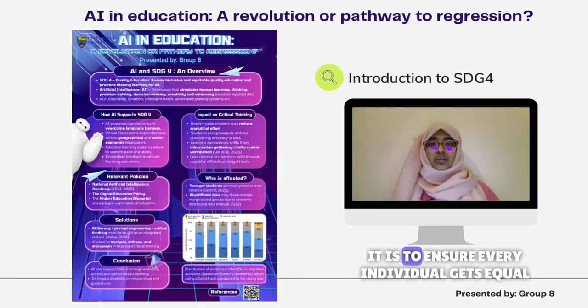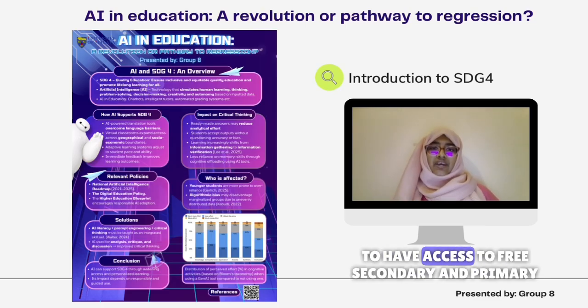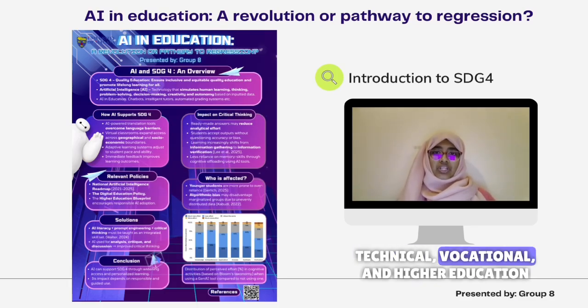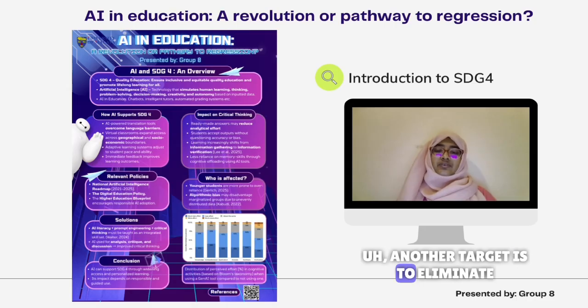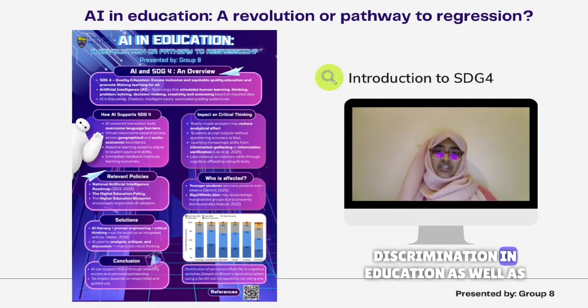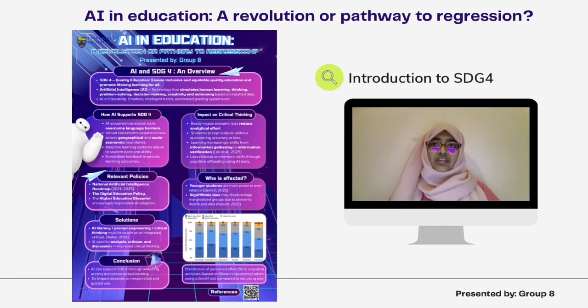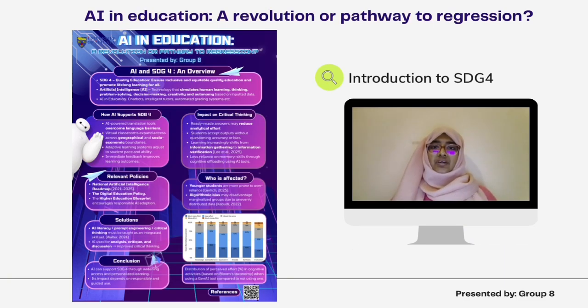Firstly, it is to ensure every individual gets equal access to pre-primary education, to have access to free secondary and primary education, as well as equal access to technical, vocational, and higher education. Another target is to eliminate discrimination in education, as well as to increase the number of people who have the necessary skills to have a stable income.